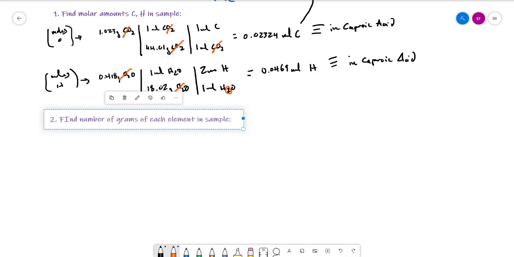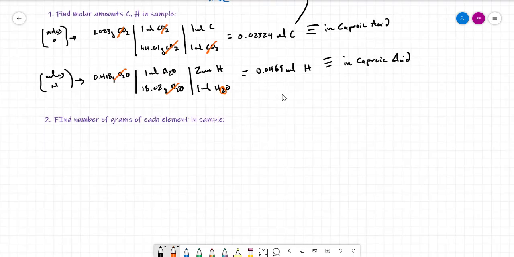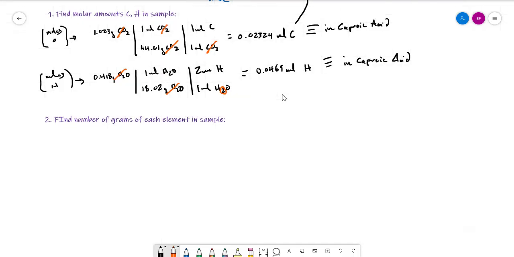So we know the number of moles of carbon and hydrogen in the original caproic acid sample. What we need to find out now is the number of grams, which is easy because we just need to convert using the atomic weights of carbon and hydrogen. We can figure out the mass of carbon from the 0.02324 moles of carbon.